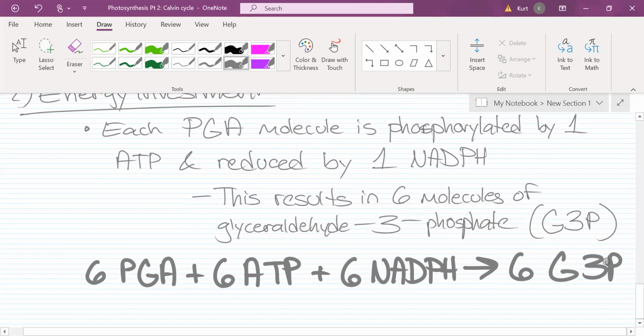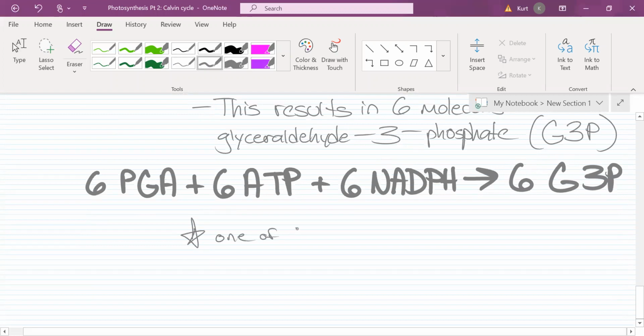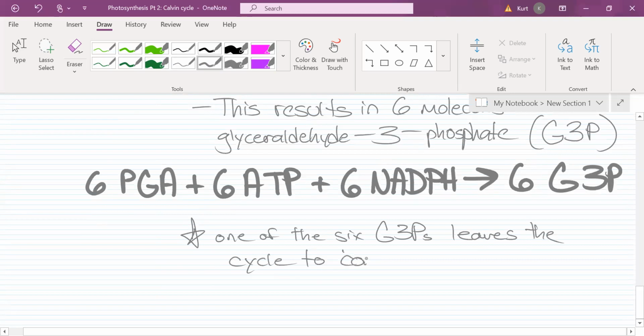But there's a condition here, guys. One of the 6 G3Ps leaves the cycle to contribute to glucose.